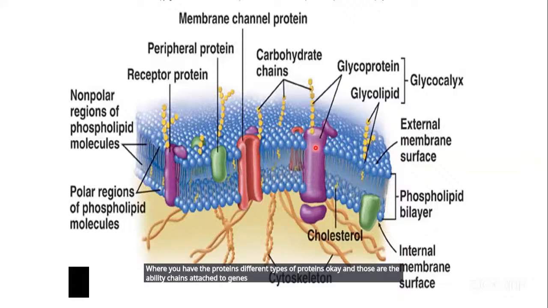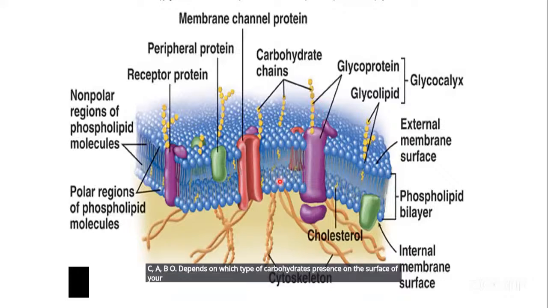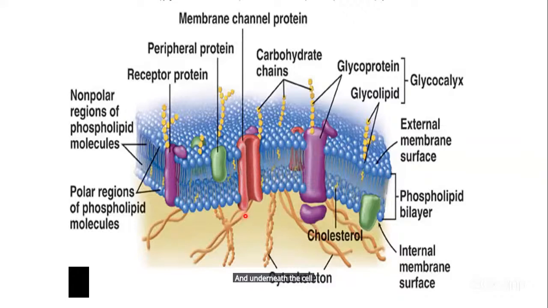Now, the red blood cell we have in our body, our blood group is determined by these carbohydrates that are attached to the surface of the red blood cell. So whether you are blood group A, B, AB, or O, depends on which type of carbohydrate is present on the surface of your red blood cell. And underneath the cell membrane is the cytoskeleton.